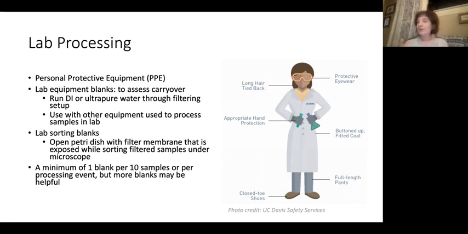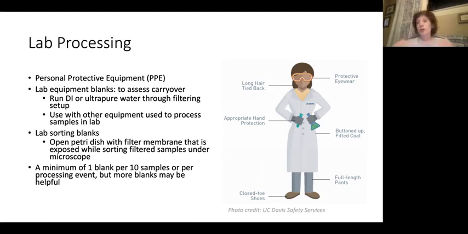Try to make sure your pants and your shirt are cotton as much as possible. Closed-toed shoes, we wear gloves. Something important to note about gloves, though, is that it is a good idea to run your gloves, if they're nitrile, under an FTIR to get the spectra.